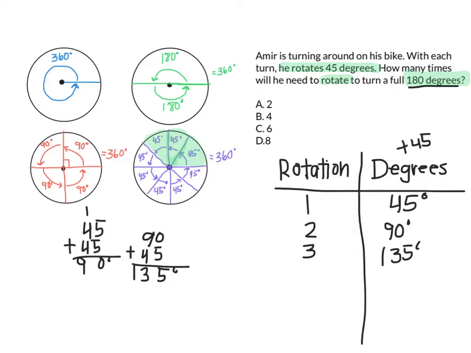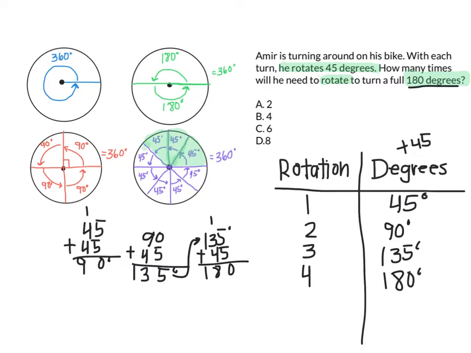So we're not at 180 yet, so we keep going. We're on our fourth rotation. I'm going to add another 45 degrees. So we take 135 and add 45. 5 plus 5 is 10. 3 plus 4 is 7. Plus 1 is 8. And I bring down my 1. So now we're at 180 degrees.